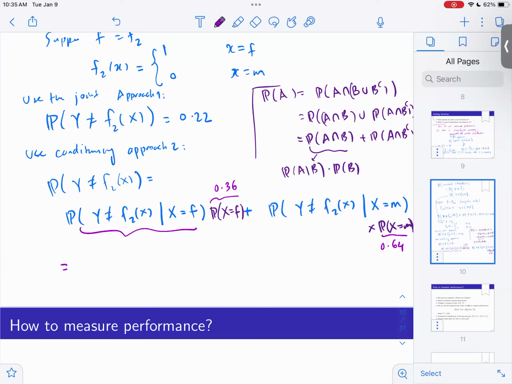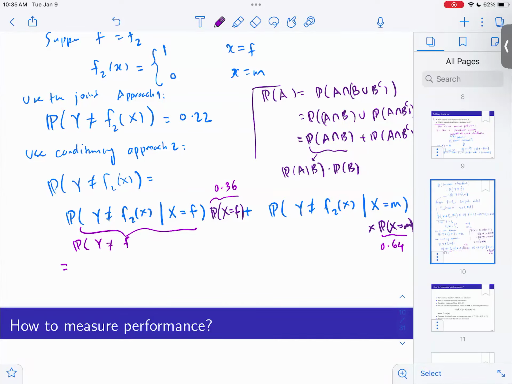Once I condition on x, what happens to this guy? This is now known, right? Because once I condition on x, this is going to be f2 of f. So this is really the probability of y not equal to f2 of f.